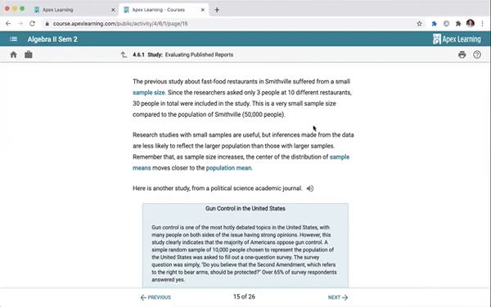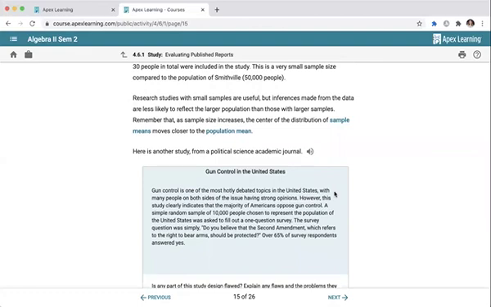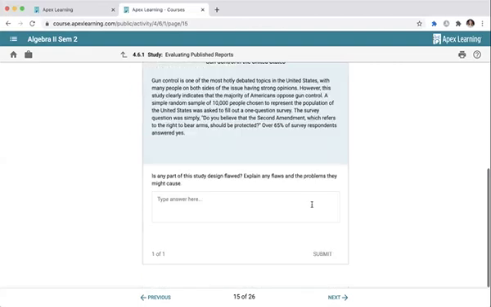That really could shift the way that your data is perceived. So you've got to think about getting larger samples and making sure that you're still trying to limit that bias as much as possible.